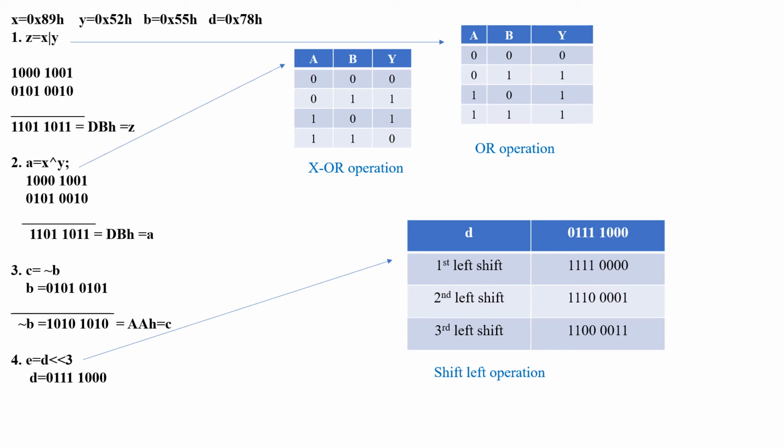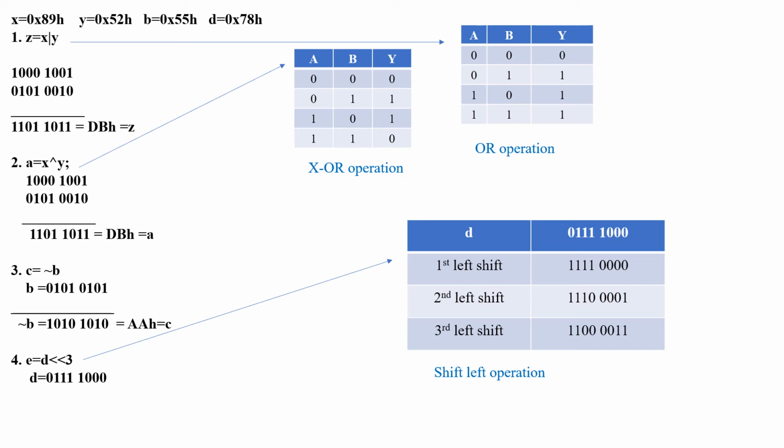In OR operation, for 0 0 the value is 0, and for 0 1, 1 0 and 1 1 combinations, the value should be 1. So by applying these OR operation rules, we find the result as 1 0 1 0 1 1 0 0, that is 0xAC, and so this is stored as value Z.